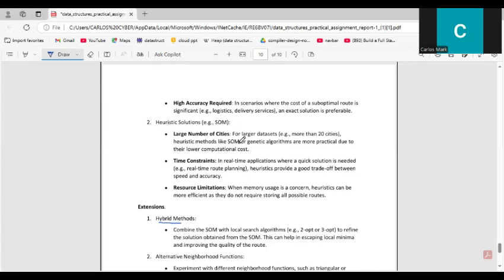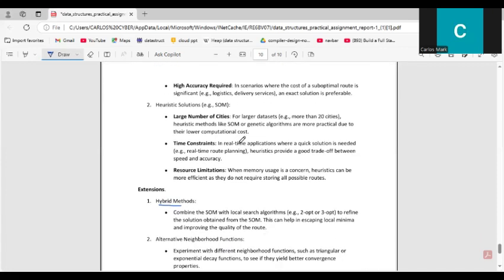Then for the time constraint, in real-time applications where a quick solution is needed, a self-organizing map will be better. In real-time route planning, these provide a good trade-off between speed and accuracy. Also, when resources are limited and memory is a concern, since you don't store everything, it learns on its own and we just store the characteristics.